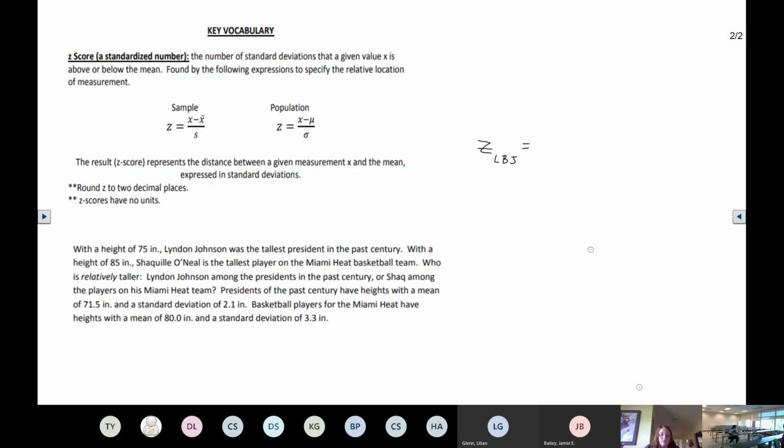LBJ is going to be 75 minus, what's the president's mean? 71.5 over 2.1. So I need somebody to crank that out for me and tell me what you get. I'm sorry, what? 1.6. I got 1.6.